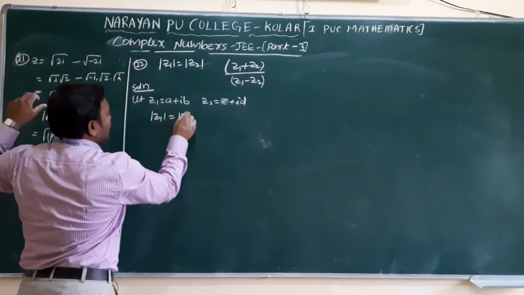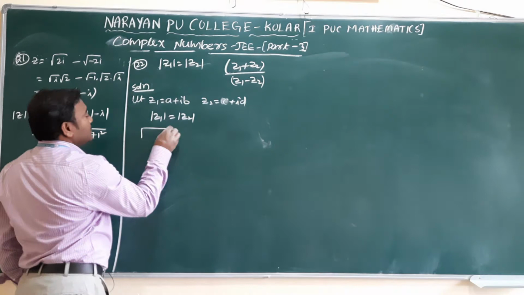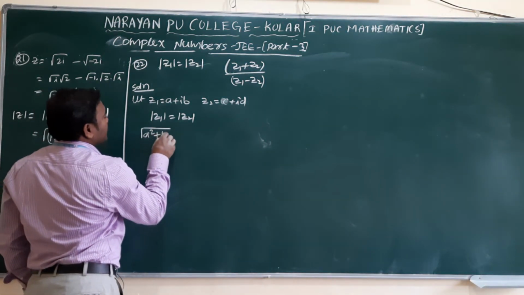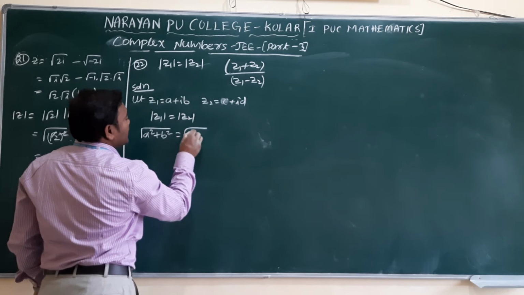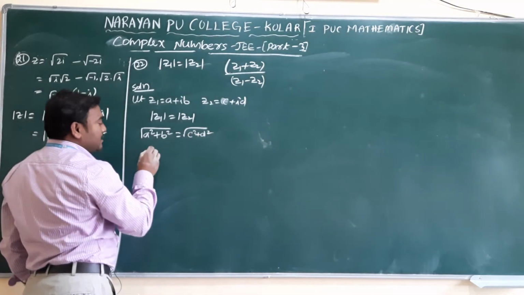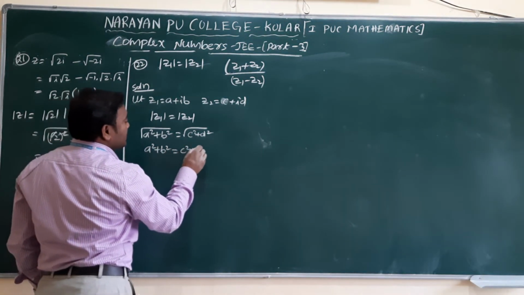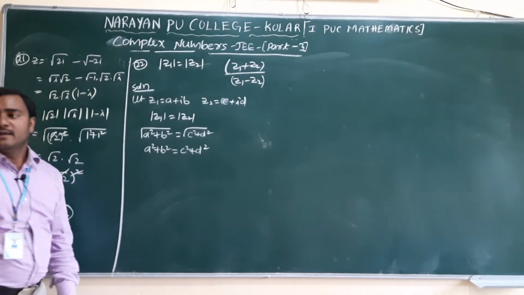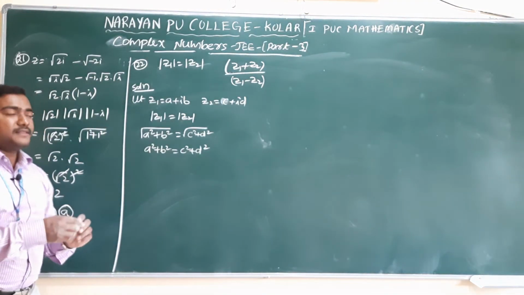So the square root of a square plus b square is equal to the square root of c square plus d square. The square root gets cancelled, remaining a square plus b square is equal to c square plus d square. So we have to find z1 plus z2 by z1 minus z2.